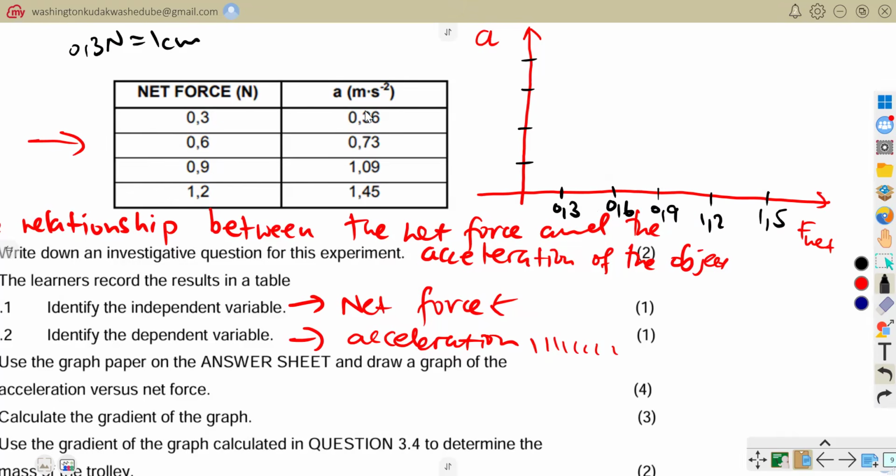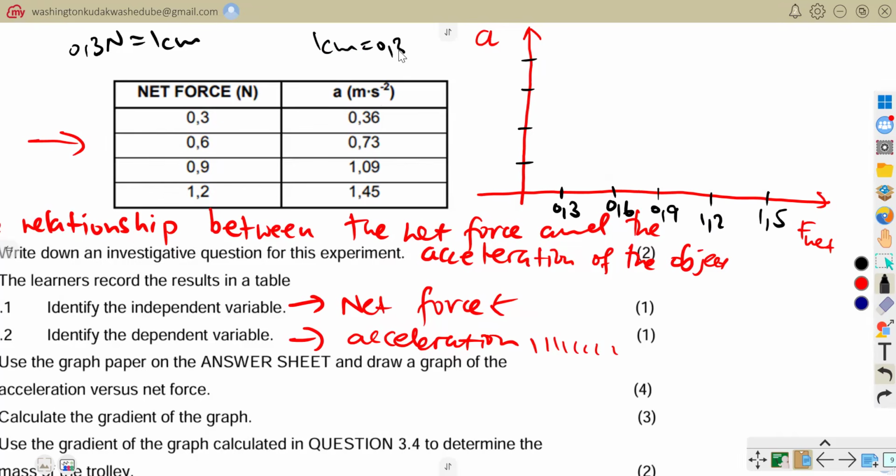And then I would also come to my acceleration, where I've got 0.36, 0.73, ending at 1.45. I can simply use 0.3 meters per square second to represent 1 centimeter.